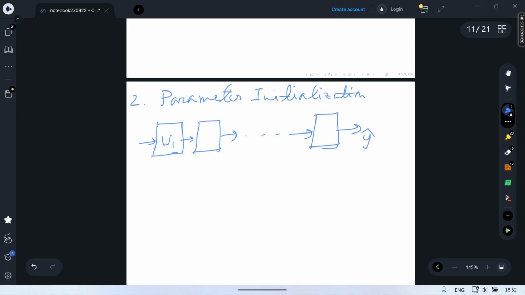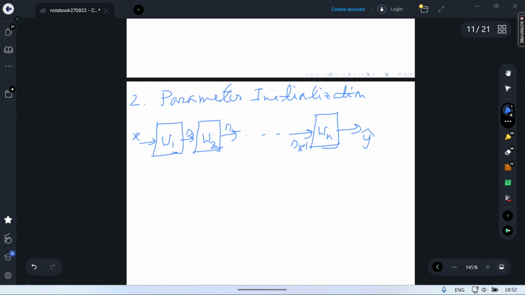The matrices of the layers are W1, W2, and so on, and this is x.